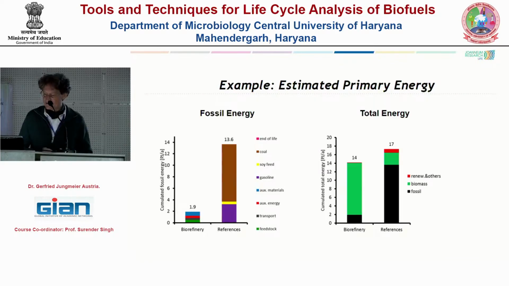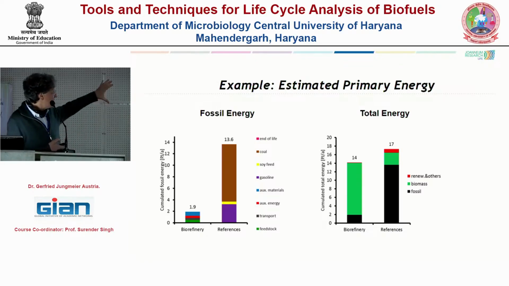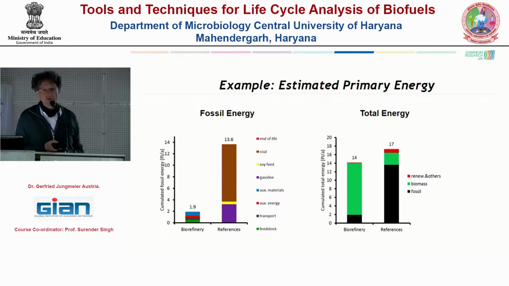And these are at least the results. We will see later on this primary energy. I already mentioned several times. It's very important to distinguish the fossil part of the energy and the total energy, because the difference is always the renewable energy. So some studies only focus on the fossil energy.